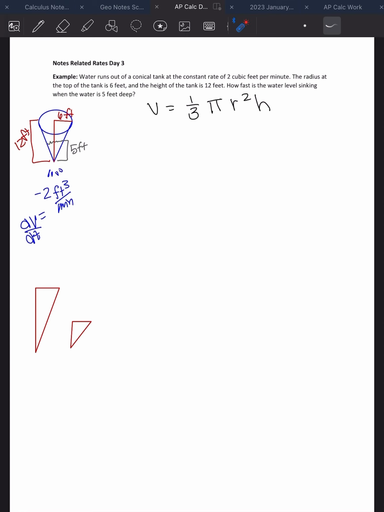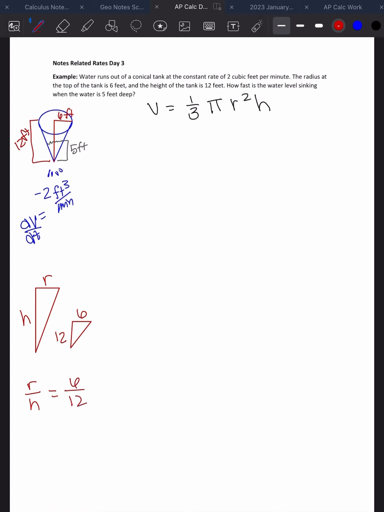So if I know that the radius is this one and the height is this one, and I also know the tank's radius is 6 and the tank's height is 12, I can set up a proportion between our radius over our height equaling 6 over 12.